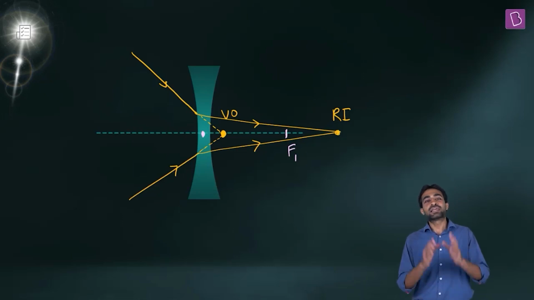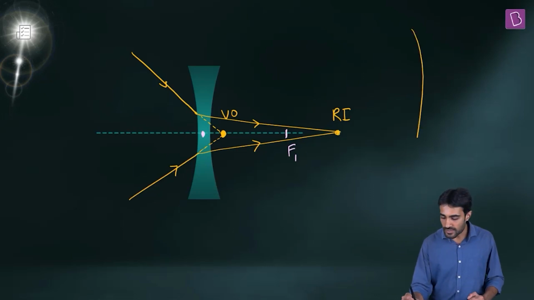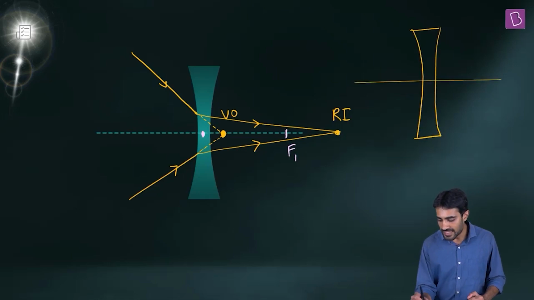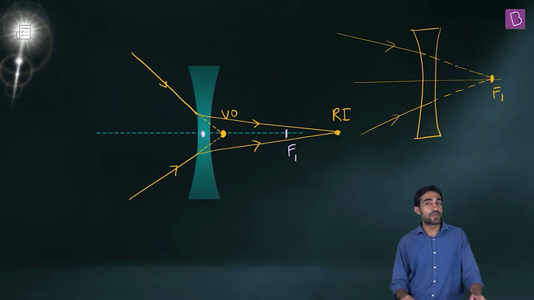Now, something is really crucial over here: the location of the virtual object. Suppose I say the virtual object was at focus itself. Suppose these incident light rays were appearing to meet at focus itself. So let's say this is the location of focus. This is focus f1. Now what will happen after refraction?